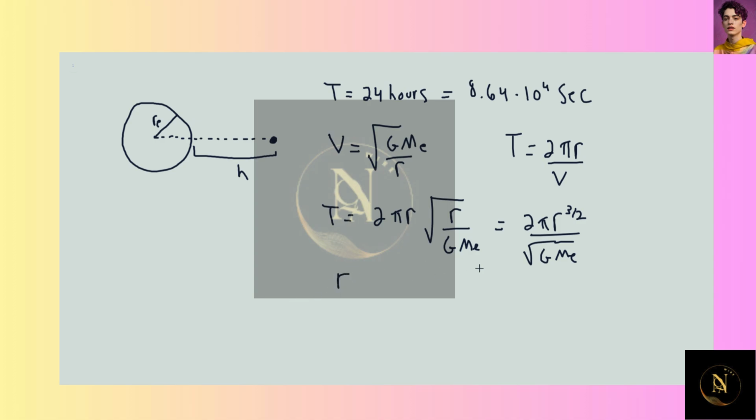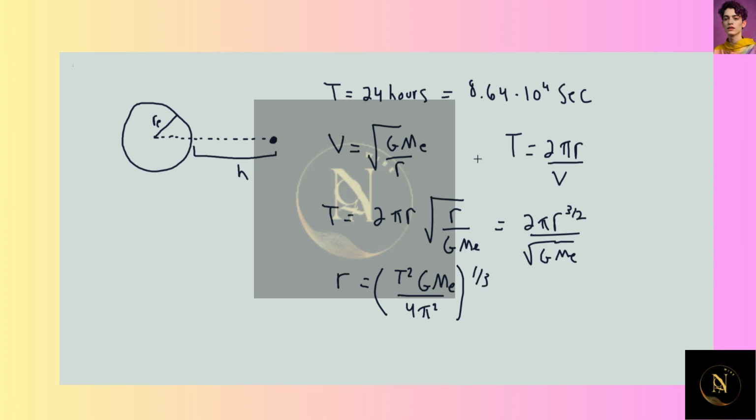If we square each side, take the cube root, and move all these terms around, we get that r will be T squared G M_E over 4 pi squared, and that whole thing to the 1/3.